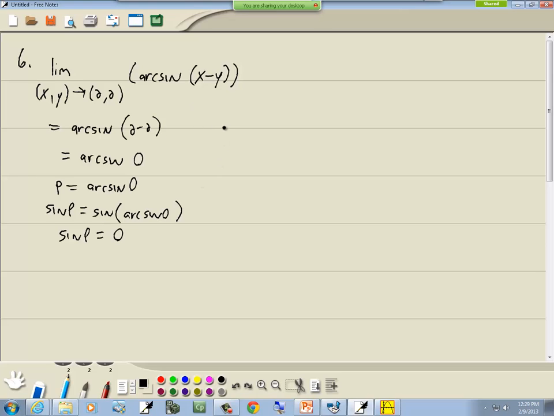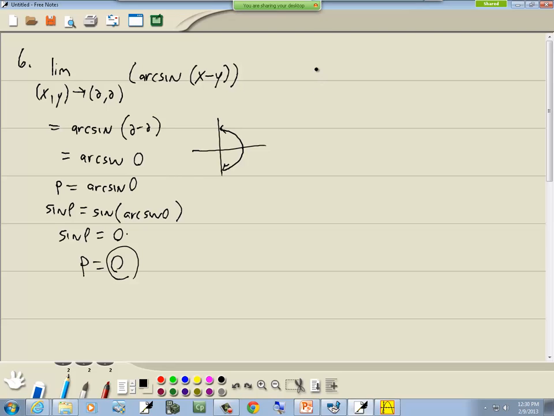Now, arcsine, inverse sine, is valid from negative pi over 2 to pi over 2, angle-wise. So if we look where sine is equal to 0, sine is our y, that's going to be at 0. So p is going to equal 0. So that's our limit.